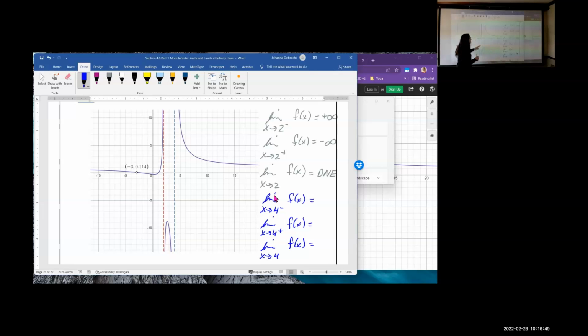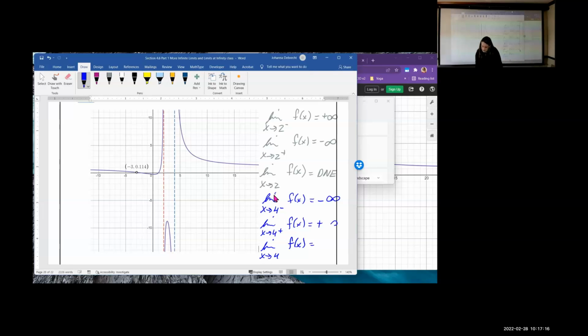So we're going to approach 4, which is here on the x-axis, but from the left side of 4. So I got to find the graph, which is down here. Approaching from the left, it's going towards negative infinity. On the right side of 4, which is at numbers larger than 4, I got to find the graph in this section, which is up here, and then approach 4, which makes it go to positive infinity.